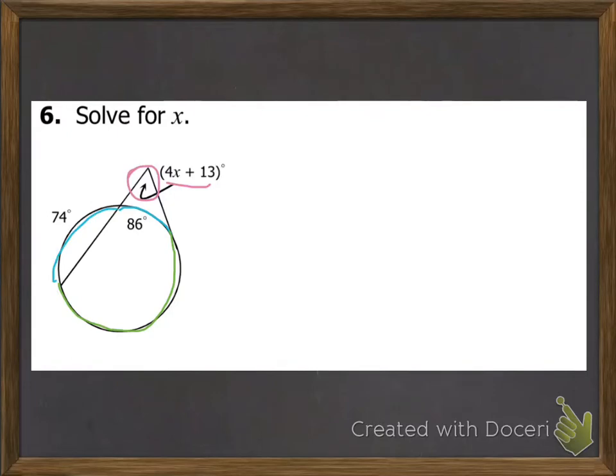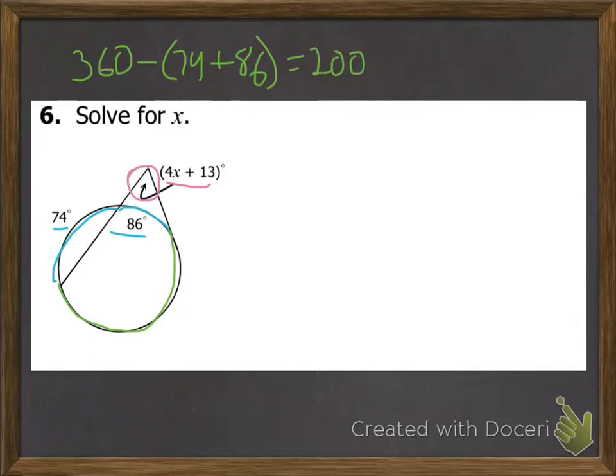What we can do is add these two together, subtract it from 360, and that'll tell us what the green arc is going to be. So over here in green, I'm going to have 360 minus, and then 74 plus 86. Whenever you do that, you're going to end up getting 200. So the green arc is going to be 200 degrees.